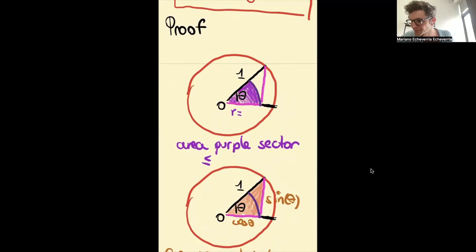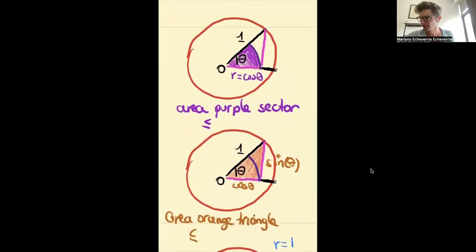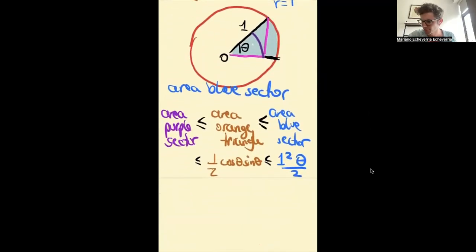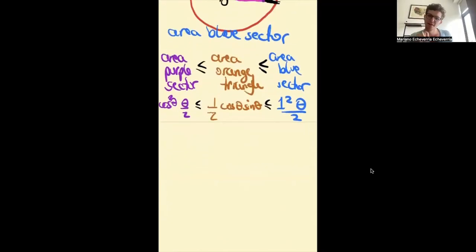It's cosine of theta. Good. So if the radius is cosine of theta, the area is cosine squared of theta times theta over 2. Is that making sense? So this is actually almost the inequality that we want.